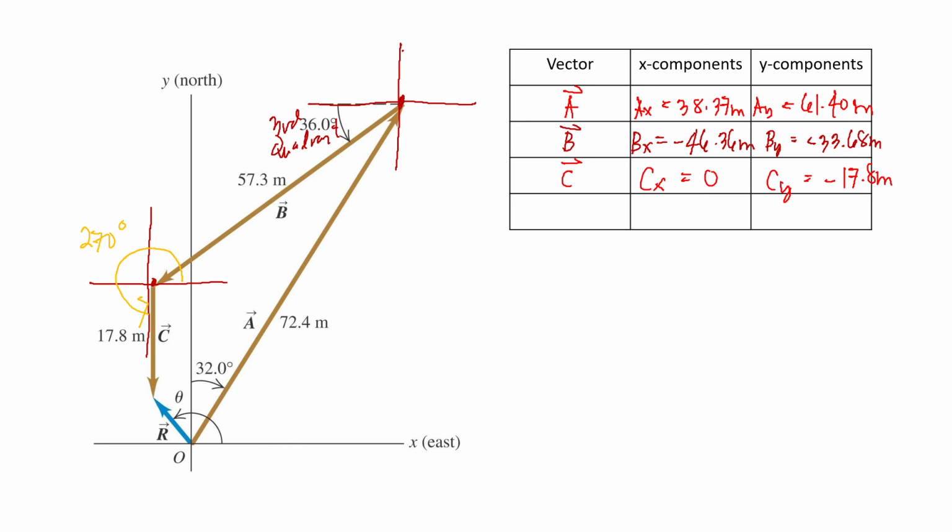Your cx is equal to c cosine theta. You have 17.8 meters cosine 270. Your cosine 270 is 0.